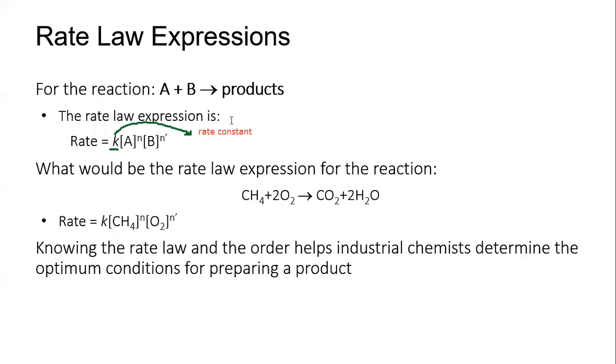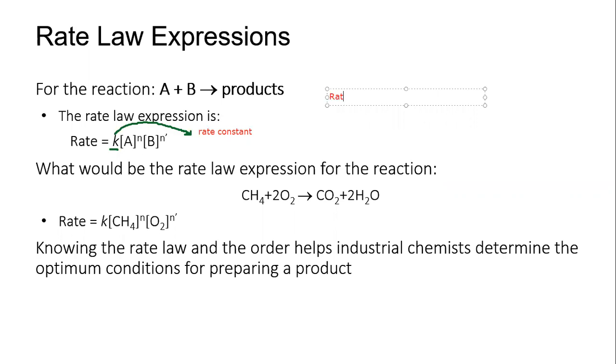Now the n and n prime that you see is how effective the reactant is at affecting the rate. These are usually whole numbers like 0, 1, and 2. And these numbers, by the way, are determined experimentally.